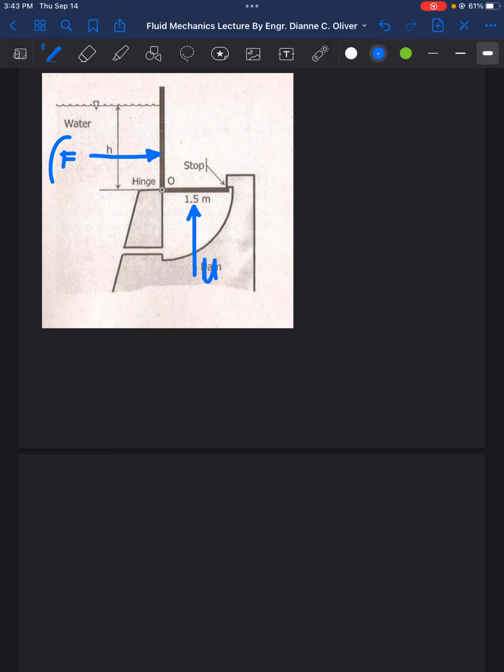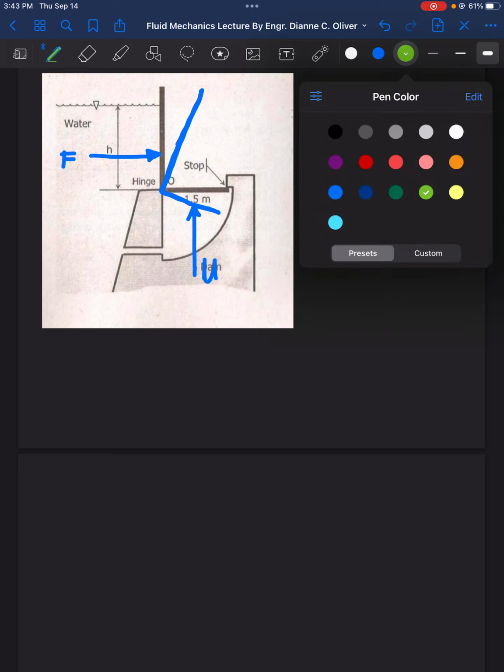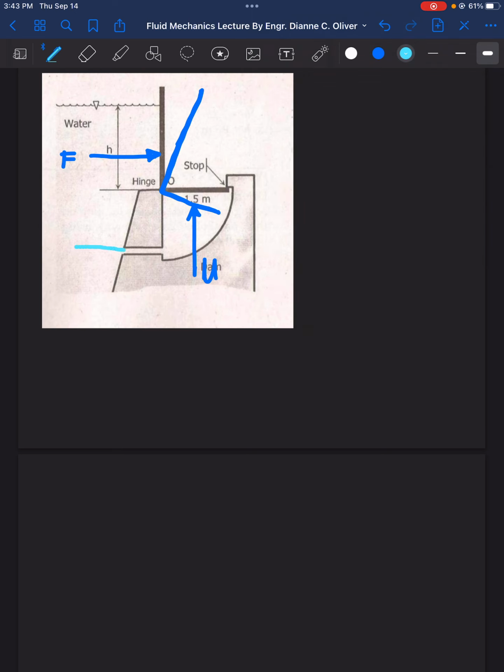So if F is stronger than the uplift force here, therefore this gate will move like this, with the hinge here at this position. If the gate opens up like this, there will be enough space for the water to come out. So from here it will come out here.